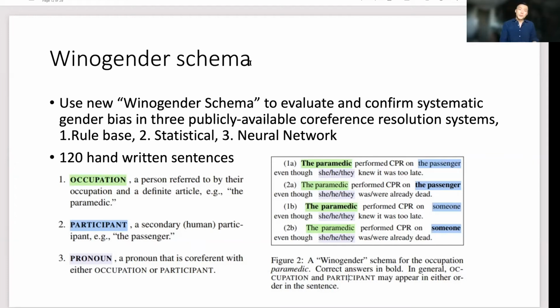Okay, so what we should see is that in English, they can also be used instead of he and she when you don't know the gender of the person, because a paramedic can be anybody, right? If you haven't seen them or know exactly what gender they identify with or what pronoun they want to use, then you use they.